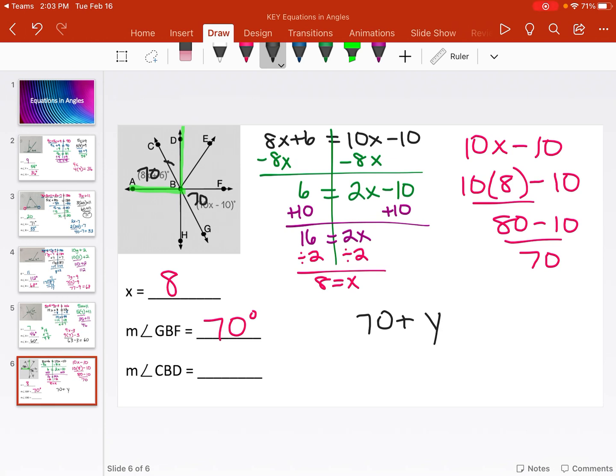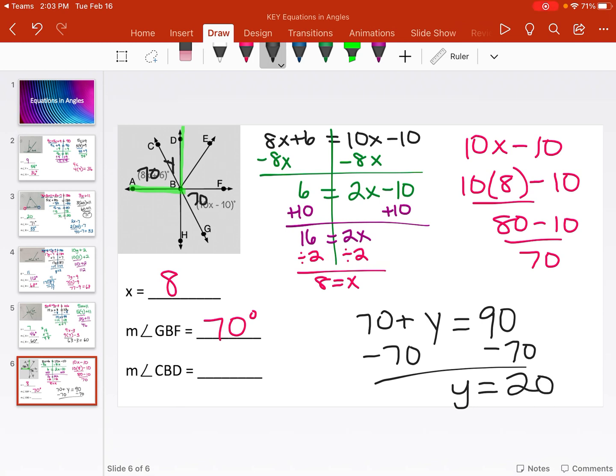We'll just call this y, equals 90. So if I subtract my 70, y equals 20. So 20 degrees for this. Again, because these two are making a right angle, if I have 70 degrees here, the other 20 have to go here so that all together we get 90.